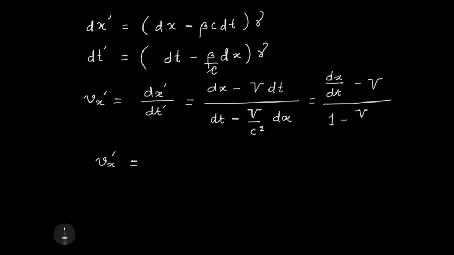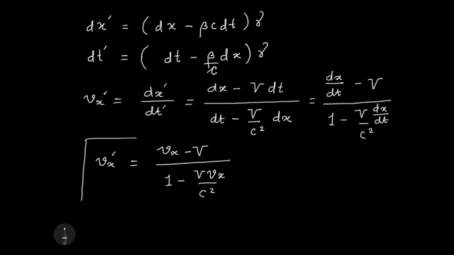Here the first term becomes 1 and the second term becomes v, and then again dx by dt by c squared. So dx by dt, you know, is vx. So this is just vx minus v by 1 minus v vx by c squared. And that's our first velocity addition rule.